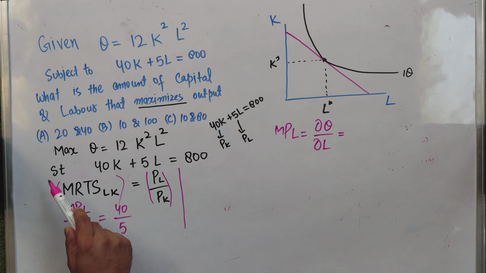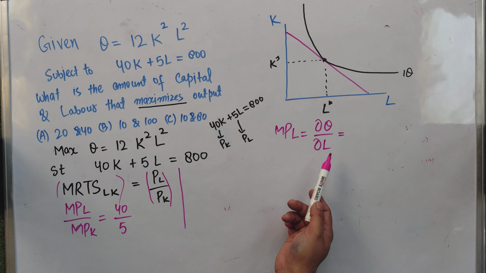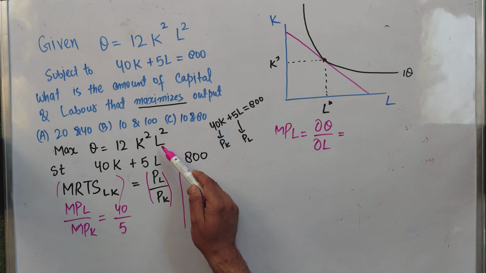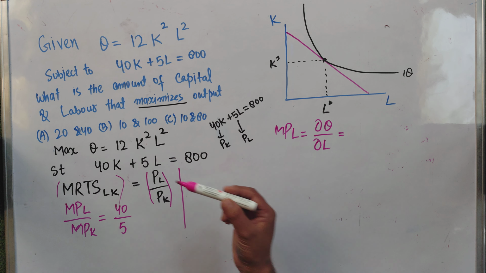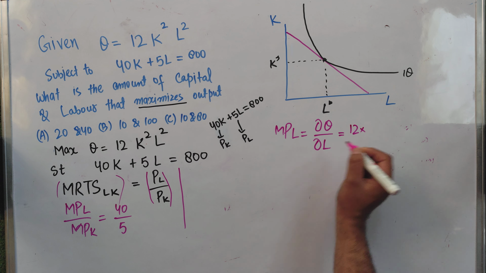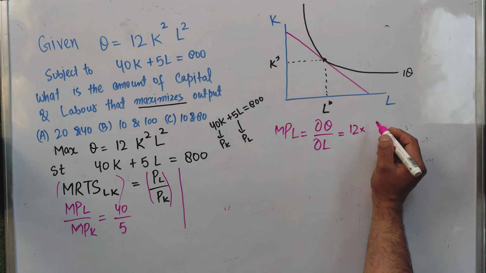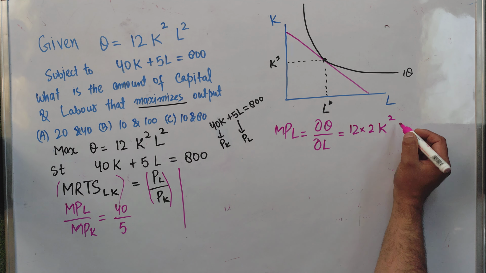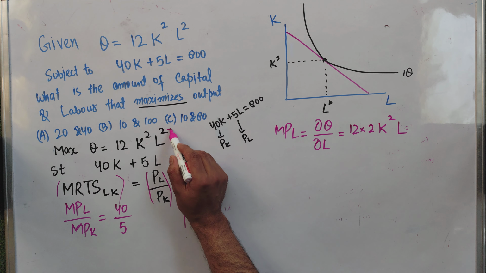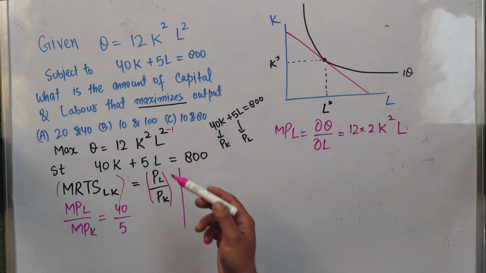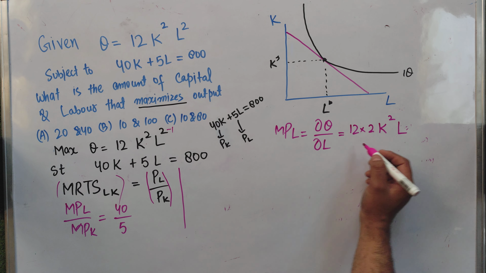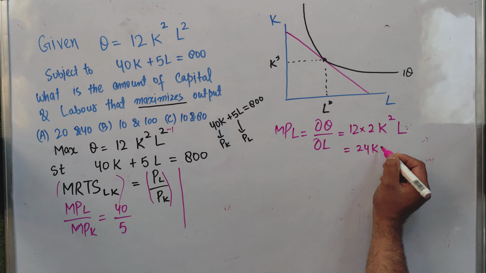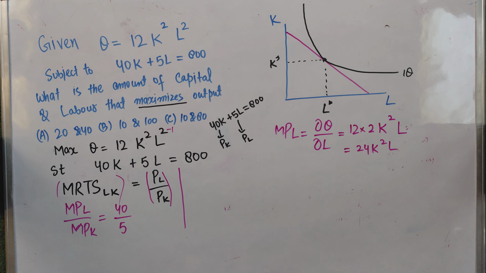Mathematically, it is the partial derivative of the production function with respect to L. The exponent of L becomes the coefficient: 12 times 2, K² remains the same because we are taking the partial with respect to L, and the exponent of L is reduced by 1 by the power function rule, so 2 minus 1 is 1. So dQ/dL comes out to be 24K²L. This is our marginal product of labor.